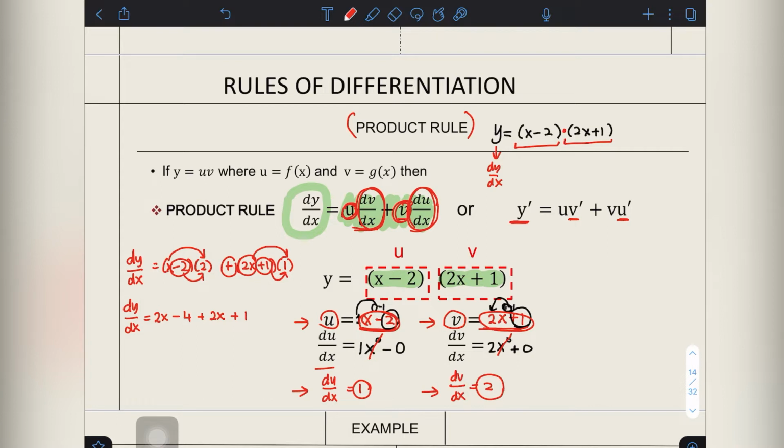Then which terms can you simplify? 2x plus 2x becomes 4x. Negative 4 plus 1 gives negative 3. So this is the answer of the derivative for your function by using the product rule: 4x minus 3.